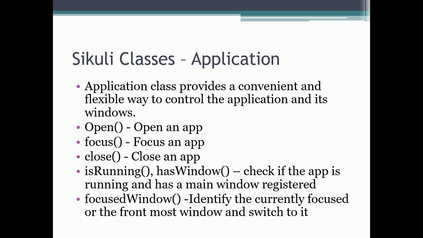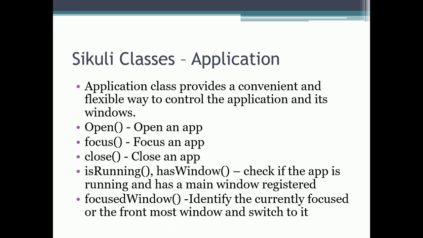There are another two functions that will check if the app is running and has a main window registered, and those are is running and has window. And another method is focused window, that will identify the currently focused or the frontmost window and switch to it. Now let's see how we can use this function in a practical scenario.